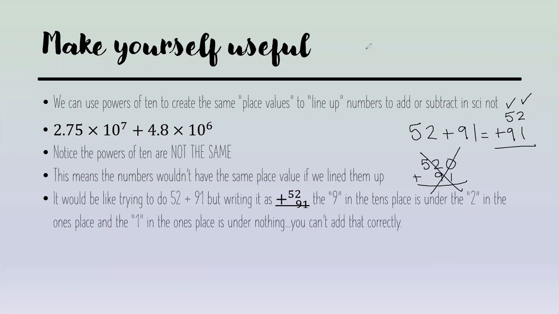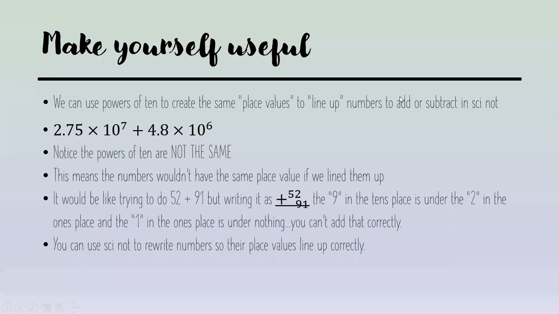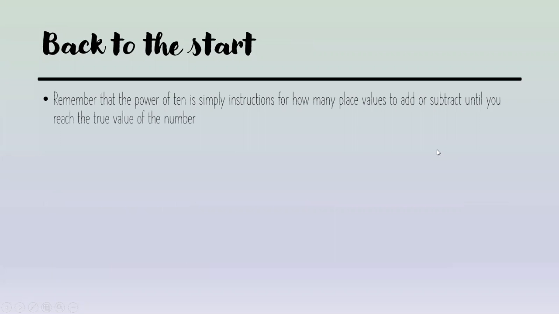So how do we do this? Well, we simply use the power of 10 or the scientific notation. Again, I cannot stress this enough. Scientific notation, the power of 10, is just instructions for place values.